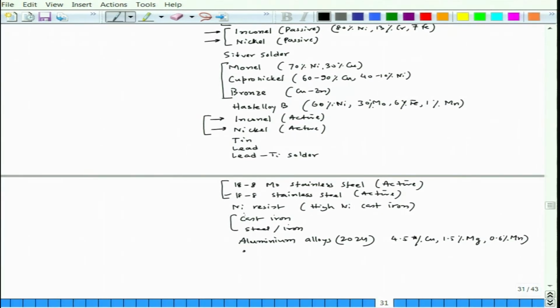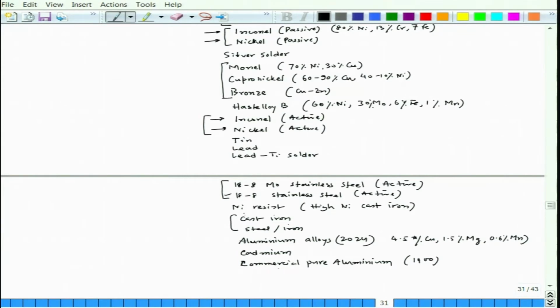Then you have cadmium, commercial pure iron, which is 1000 series, pure aluminum, and it is basically 1000 series.